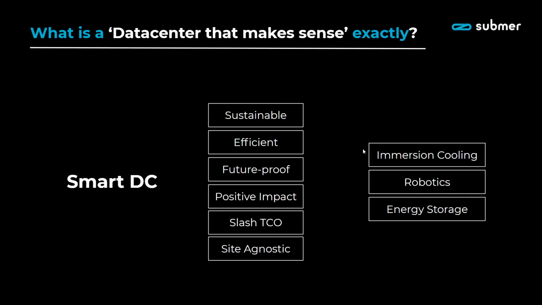And here's where I can remind you of the Submer Cools topic, which is everything related to immersion cooling, Submer Scales related to robotics in the data centers, and also Submer Labs, related to energy storage and research.